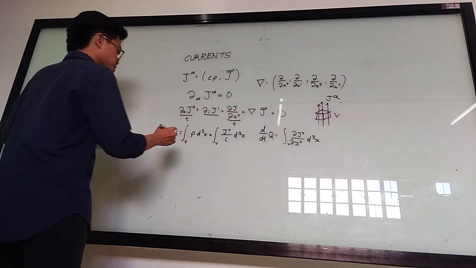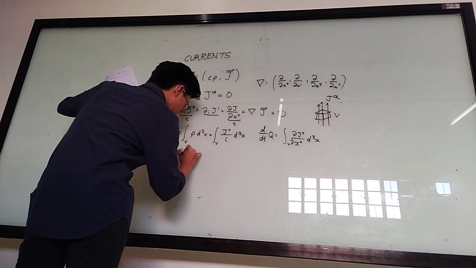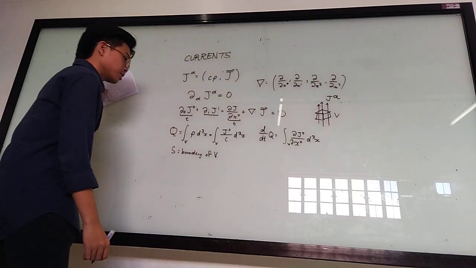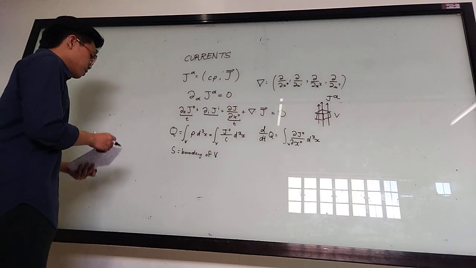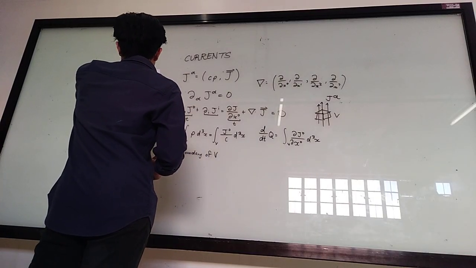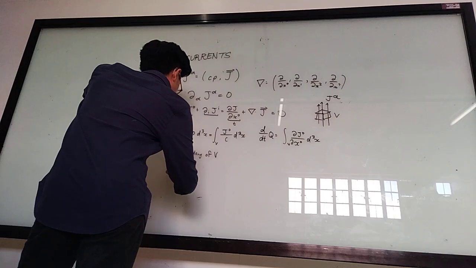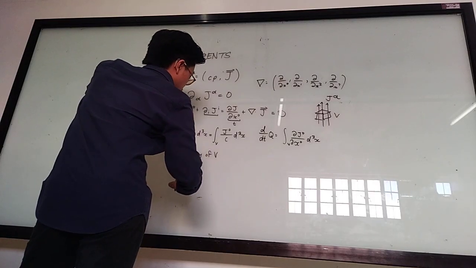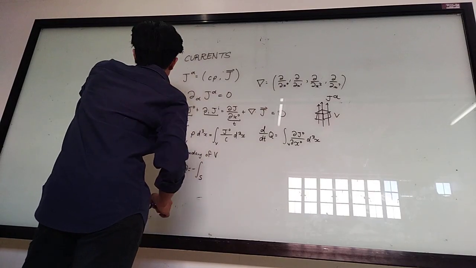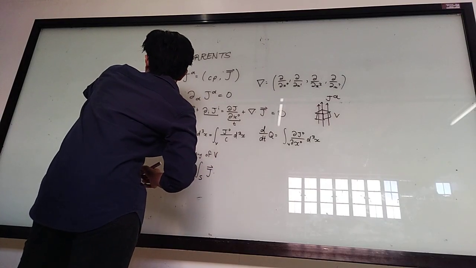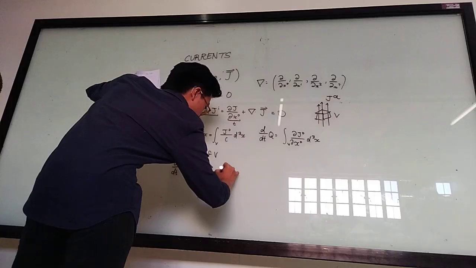So if I let S denote the boundary, the surface of my volume element V, then by the divergence theorem, we get that the time derivative of my total charge is equal to negative the integral over the boundary of my spatial J with respect to a new direction a.